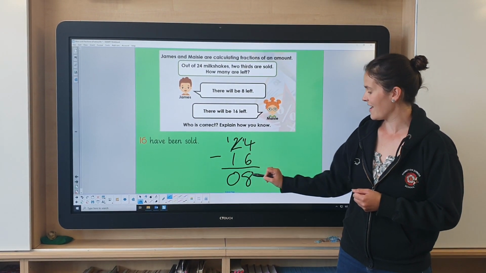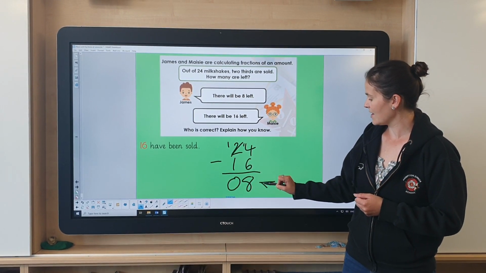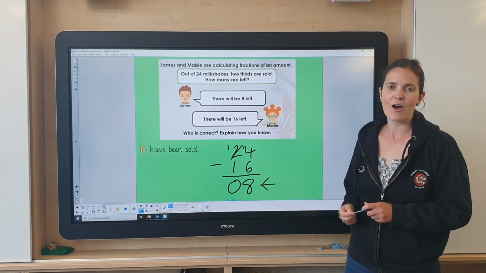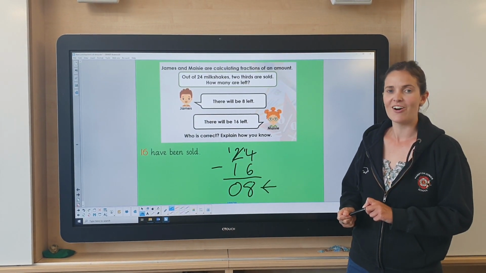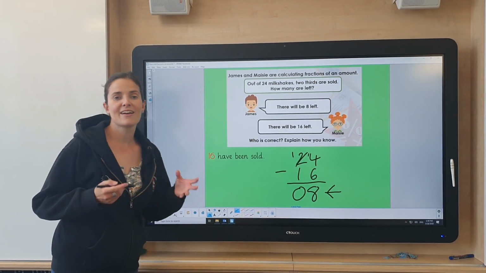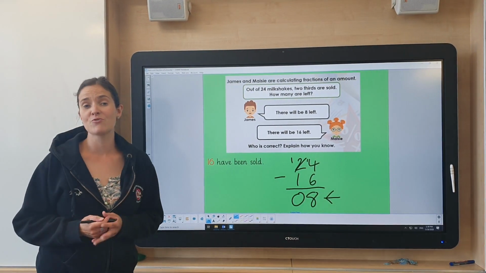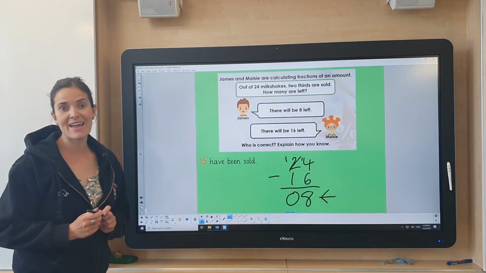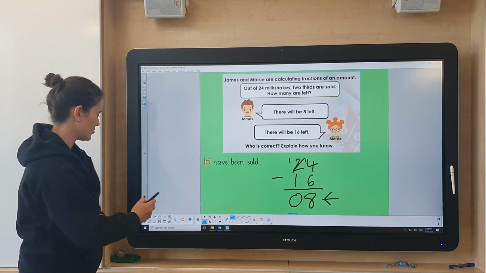So we can see there, this is how many are left, and we can now see which of our children has got the right answer. But the way that you explain how the person with the right answer is really important. Very clearly here it says explain how you know which person is correct.